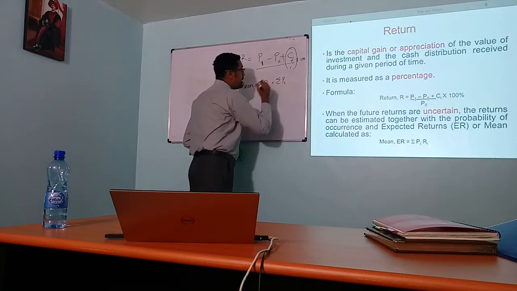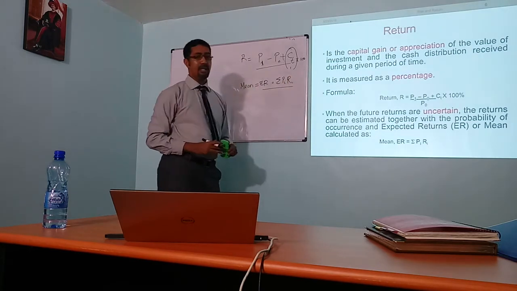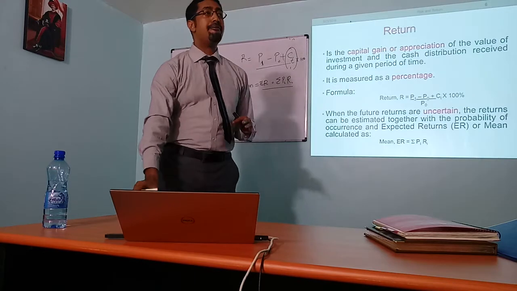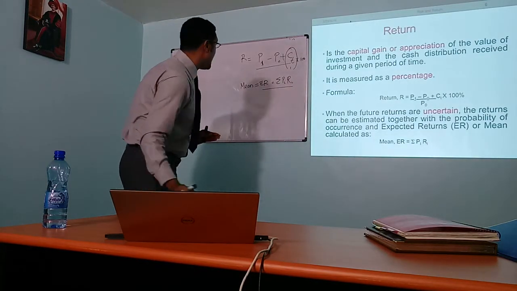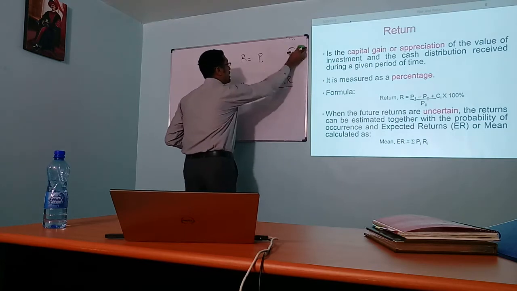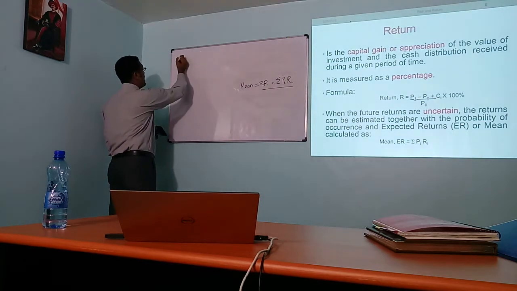So the summation of Pi multiplied by the returns. Now, so far we have 2 main formulas that we have learned. Actually 3. If you allow me, we can write them here.